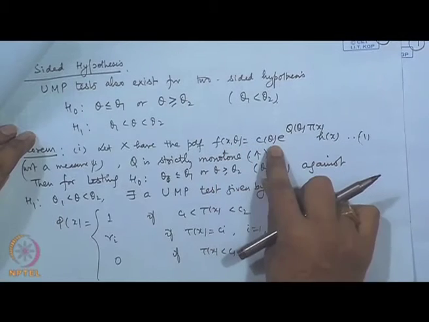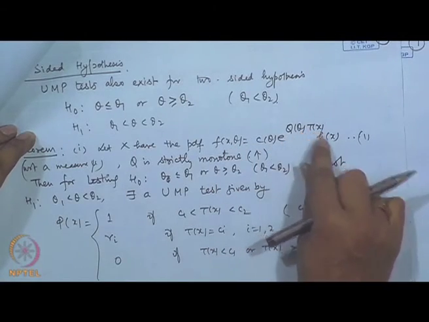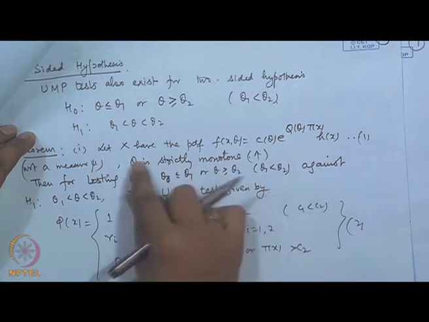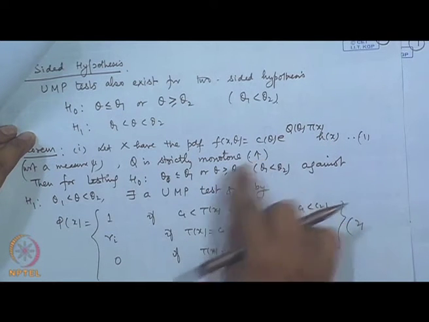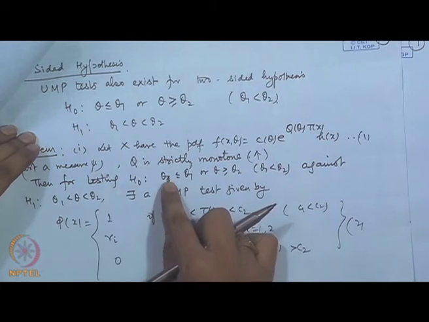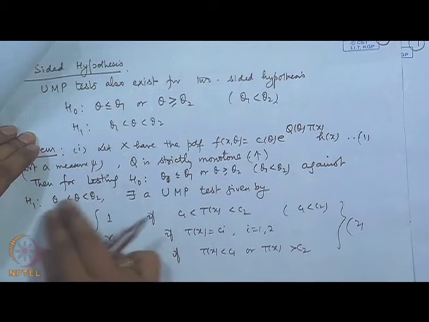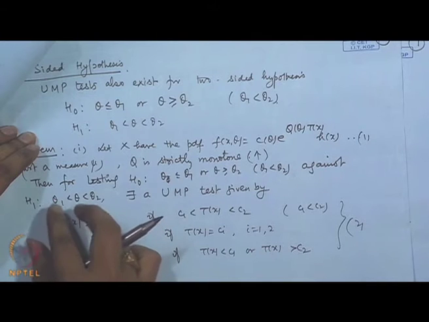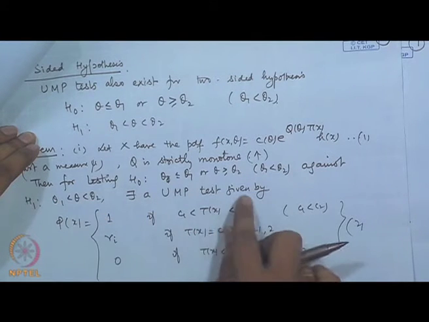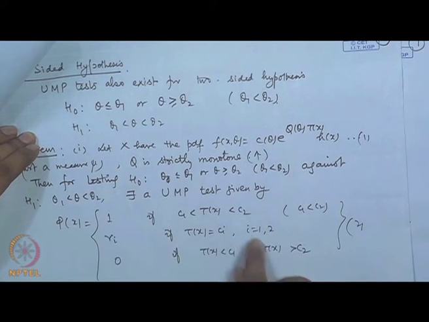Therefore, the theorem which I gave in the last lecture, let me just show it again. Let us look at the statement of the result. If we have f(x, theta) equal to c(theta) e to the power q(theta) T(x) h(x), where q is taken to be a strictly increasing function, then for testing a two sided null hypothesis against an interval for the alternative hypothesis, a UMP test exists, and the test has this form.